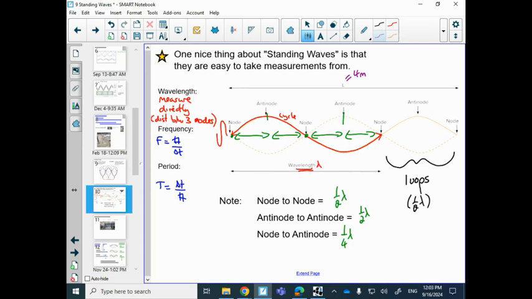So we have 4 meters equals 1.5 wavelengths, right? And so in order to solve for what the wavelength would be, you just solve mathematically, divide by 1.5, and that takes the guesswork out of it. Set up an equation that you know is true, that the 4 meters equals 1.5 wavelengths, if that's what the measured length was, and you just do the division, right?